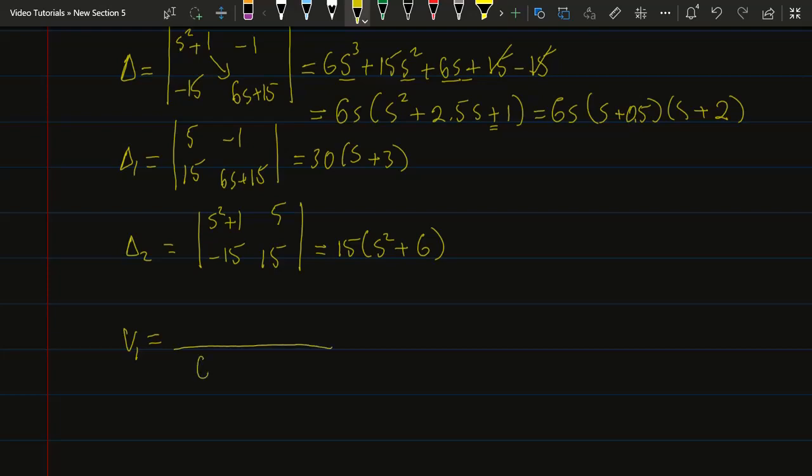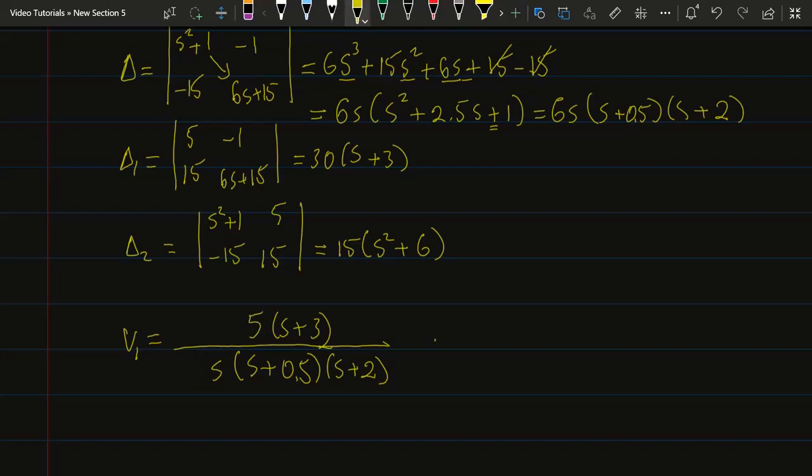The numerator is just 6s, s plus 0.5, s plus 2. In the numerator, I'm going to have 30 s plus 3. Now 30 over 6 is 5, so I'm just going to delete this and write 5 in here.